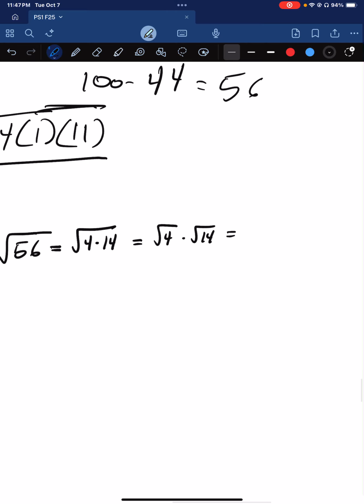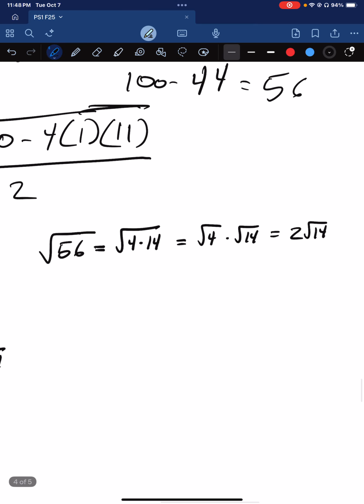But we know that the square root of 4 is 2, so we get 2 square root of 14. So the process is find the biggest square that goes into it, split it up like this, and then the perfect square will become square rooted and on the outside, and whatever is left will stay on the inside.